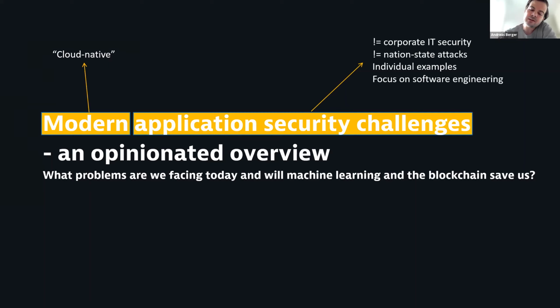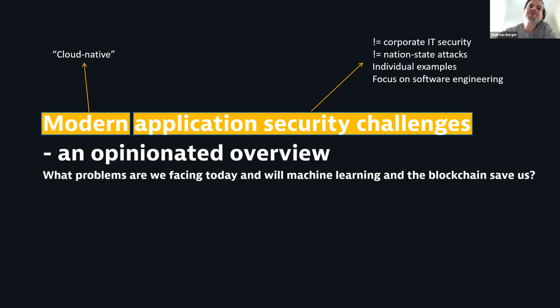So these are highly sophisticated attacks by some kind of secret service against another country, for example, because by nature they are somewhat different from the majority of attacks out there, and I rather want to focus on the majority today. I'll try to give a few individual examples of what I mean, and I'll explicitly want to focus on the implications on software engineering, knowing that there are quite a few software engineers in the audience.